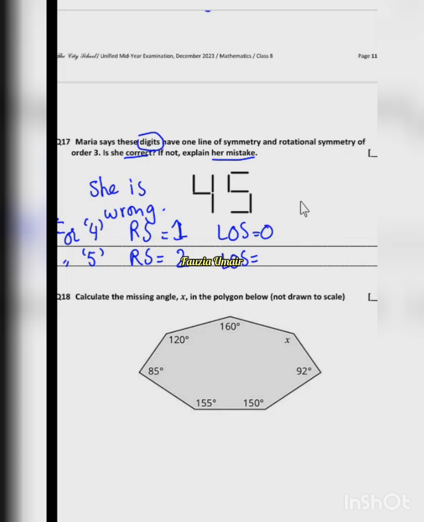But if I draw a horizontal line of reflection, this should come here. So basically 5 is not having line of symmetry, but if it is like this, then there would be a horizontal and maybe a vertical line. But right now there is none. So it is also 0.